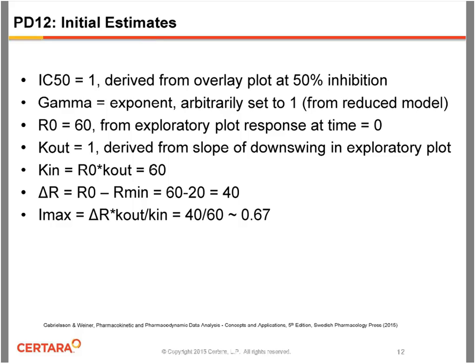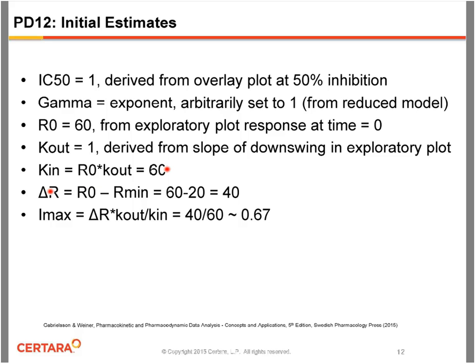The response at 0 equals 60. That's from the exploratory plot with the response at time 0. The K out is derived from the slope of the downswing in the exploratory plot. That's set to 1 in this case. And then we can get an initial estimate for Kn using R0 times K out, which will be 60.